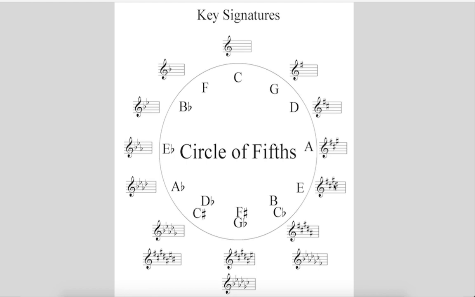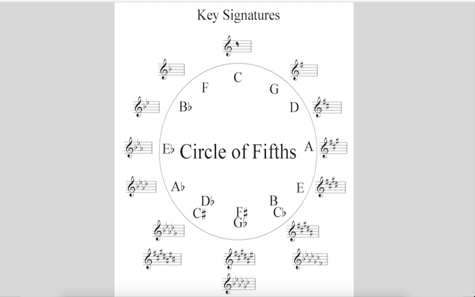That tells us something interesting about how keys are laid out. If we're in the key of C, there are 0 sharps. If we go to the key of G, there is only 1 sharp. That means that the key of G is kind of close to the key of C. There's only 1 note that's different.